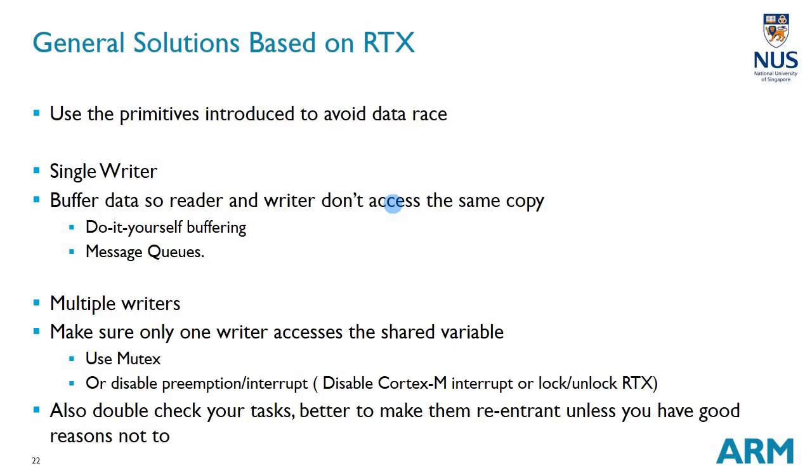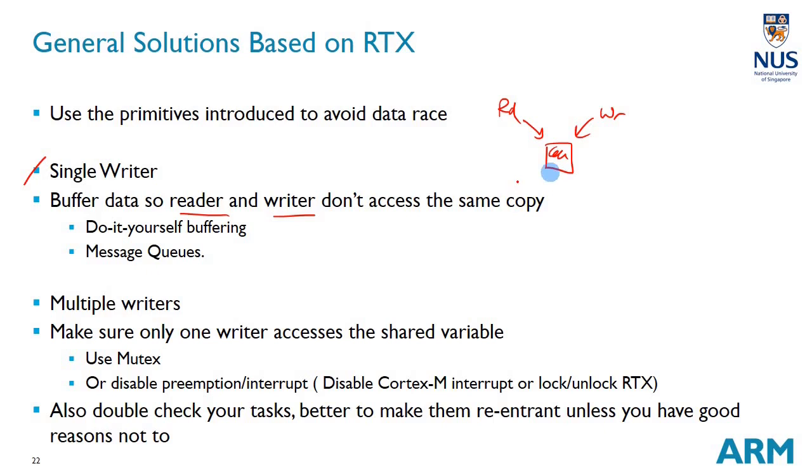What we basically have to look at is whether you have single writers or multiple writers. If I have a buffer, or some shared data where only one task is writing to it and multiple tasks may be reading from it, you do not want a reader and a writer to access the same data at the same time.